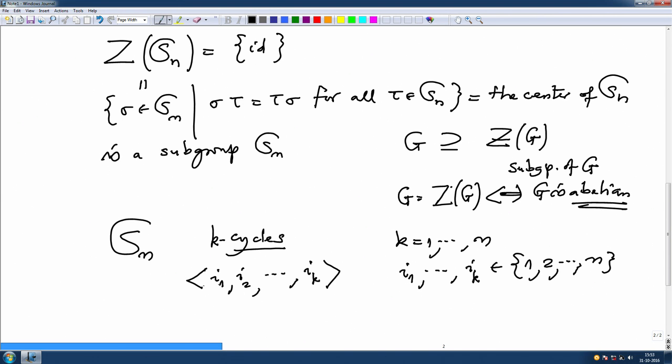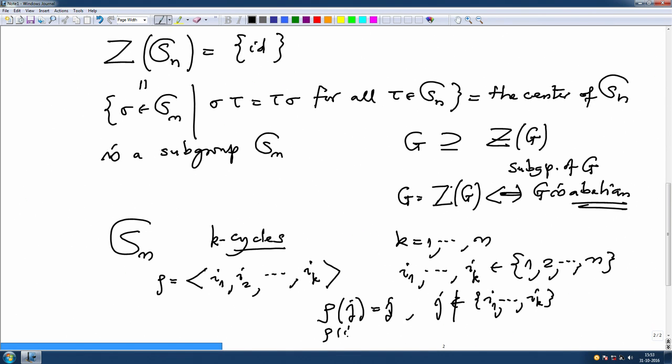Let us call this rho. Think of rho as a permutation which maps first of all any j to j, where j is not in this subset I1 to Ik. So, all the j's outside these are fixed.